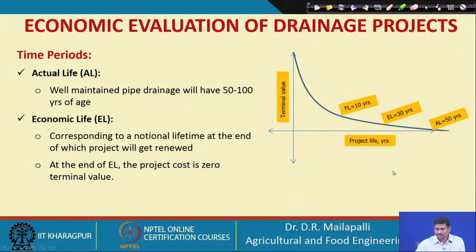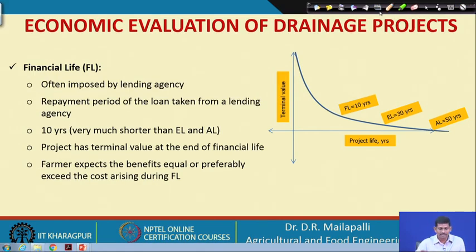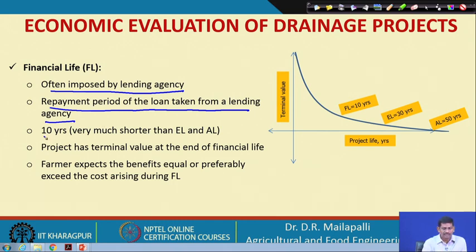Okay, the next is the financial life. The financial life is often imposed by the lending agency. If you are taking a loan from a financial company, they decide on 10 years or 15 years of time. That is the financial life, the repayment period of the loan taken from a lending agency. This is very much shorter than the economic life and actual life, about 10 years basically.